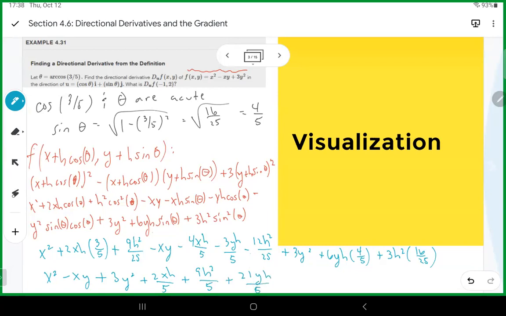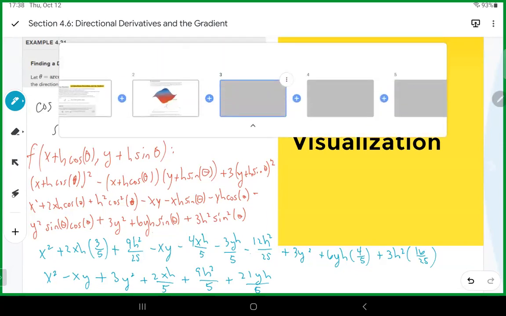Okay. We are going to definitely need more room. Let me just add it.